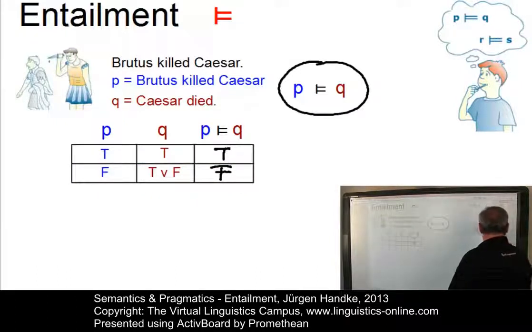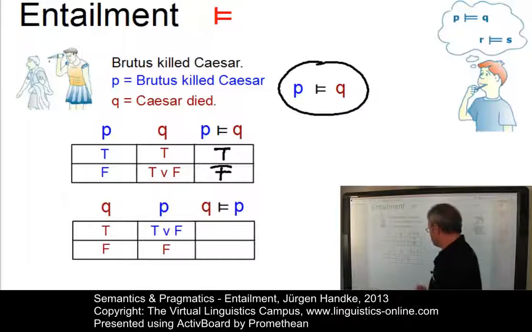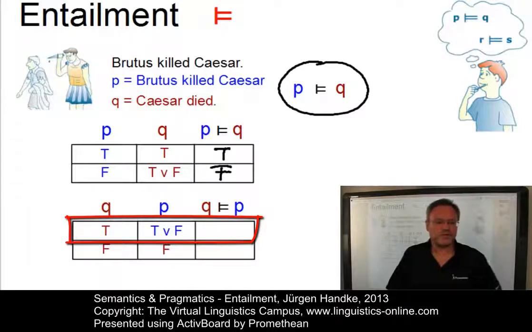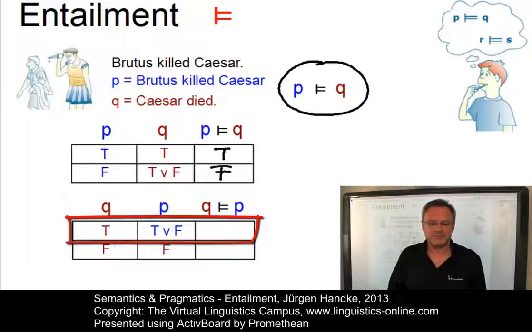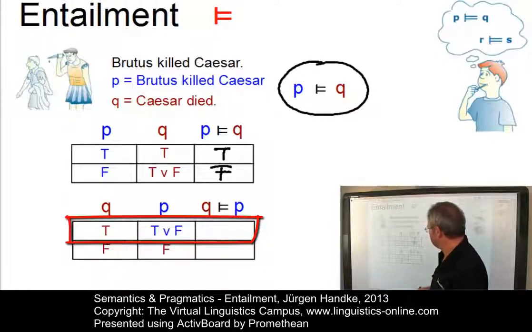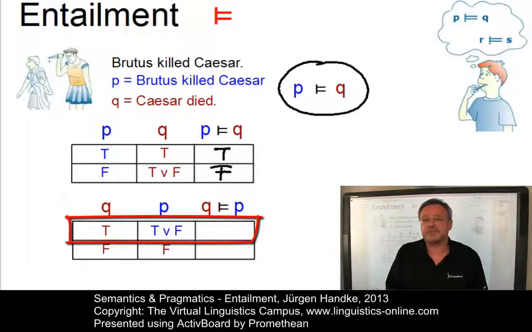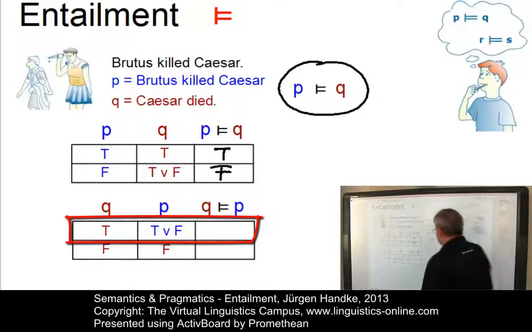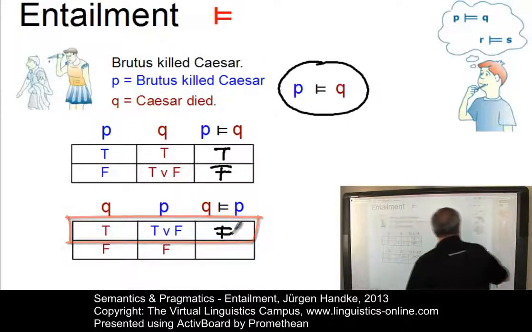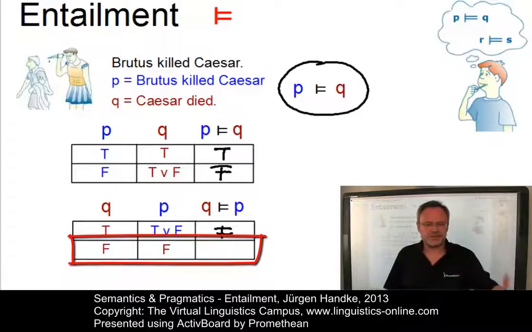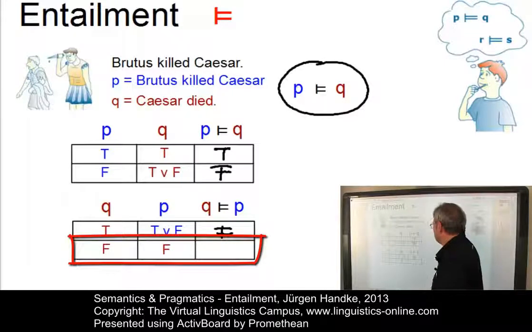And let's now consider the other way around. Q versus P, so Q entails P. So if Q is true, that means if Caesar is really dead, well, then we cannot really tell anything about P. Brutus may have killed Caesar, but it could also have been any other person who killed Caesar. So this is clearly no entailment relationship. Well, and if both are false, so if Caesar is not dead, well, then no one can have killed him.